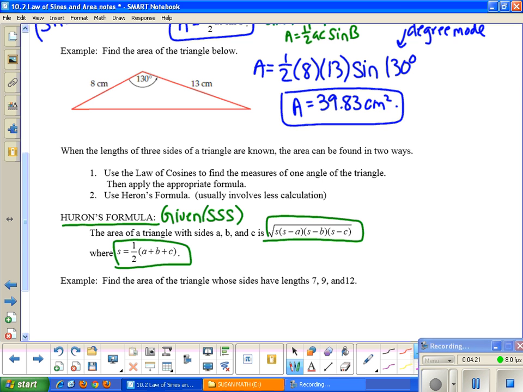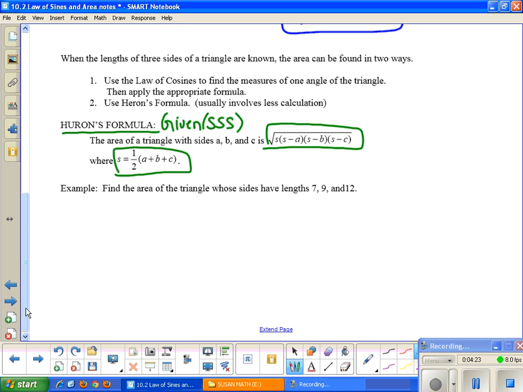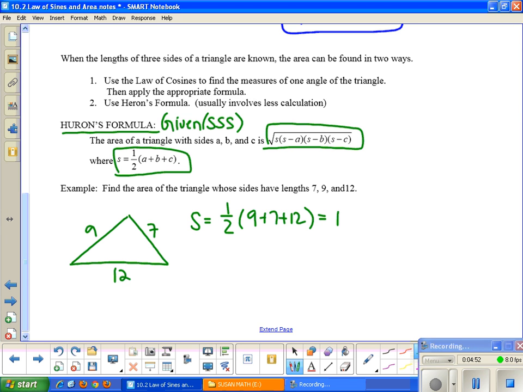If we have a triangle with side lengths 7, 9, and 12, let's draw a little sketch. We've got 12 here, 7, and maybe we'll make that one the 9. So this would be 12, 9, and 7. To find the area, first we find the s value, 1/2 of all the sides added together, which gives me 14.